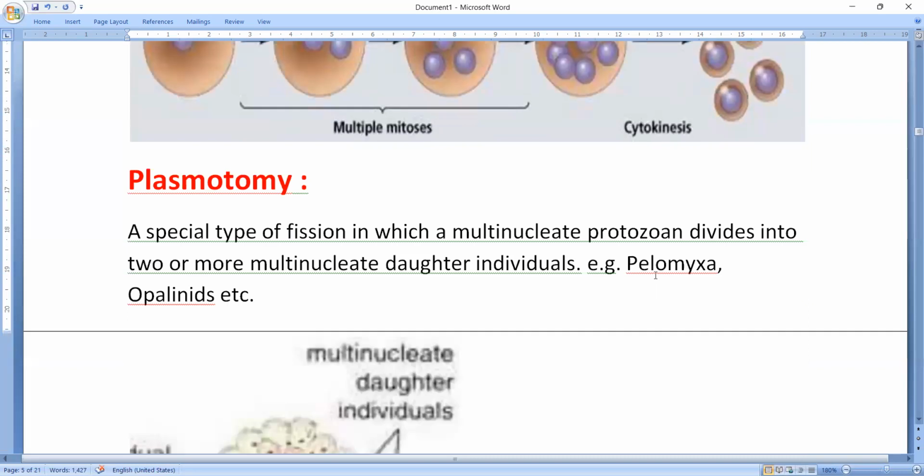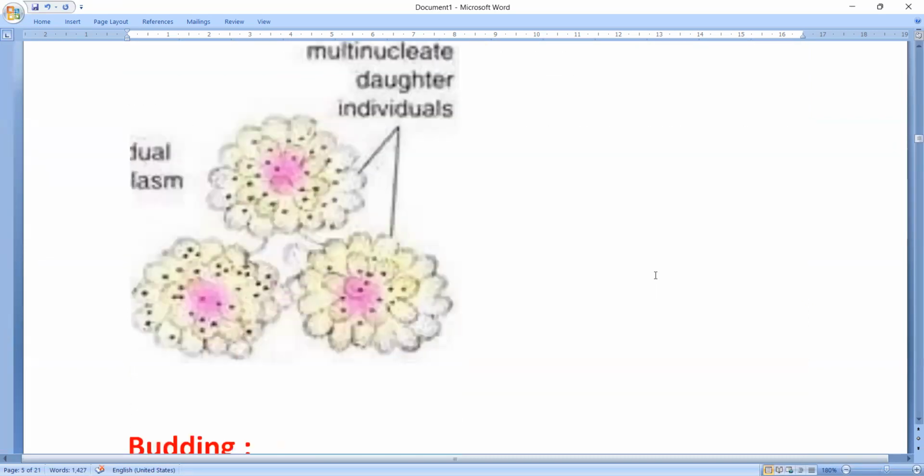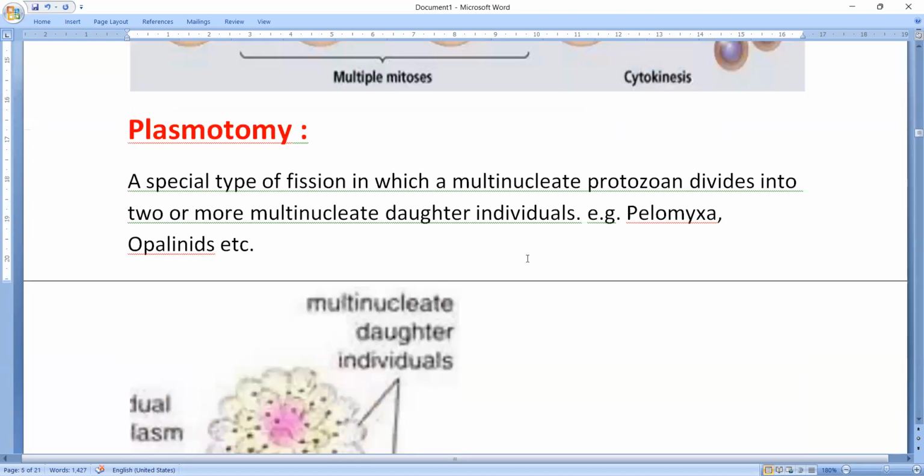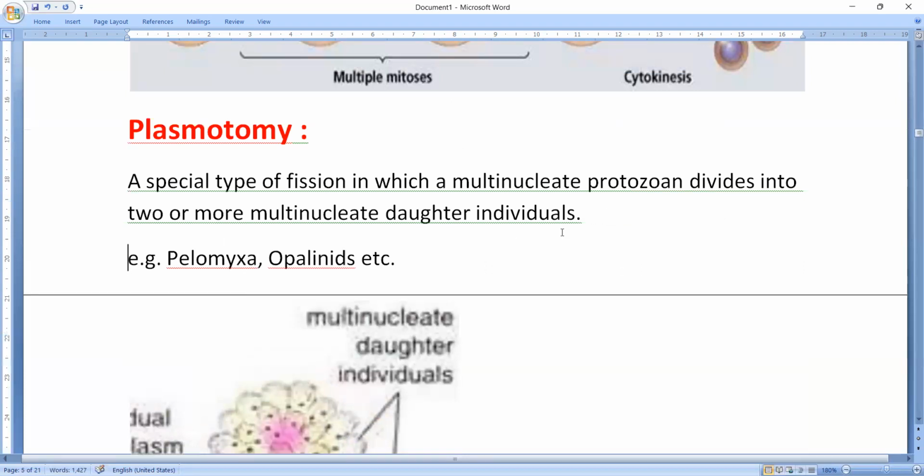And then plasmotomy. It's a very simple type of asexual reproduction. If you observe the animal, it is a syncytial or multinucleate organism. Plasmotomy is performed by organisms like Opalina and Pelomyxa, which are multinucleate organisms.